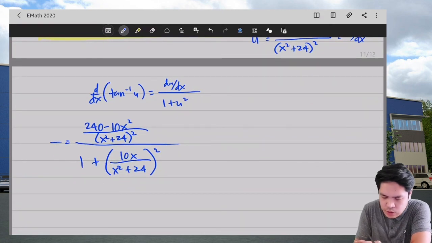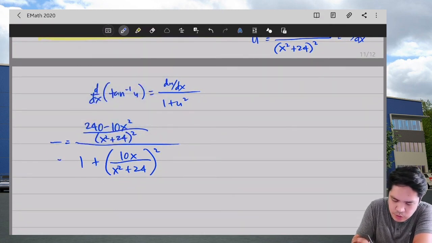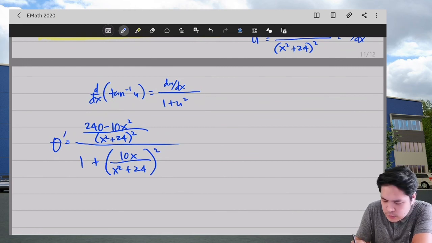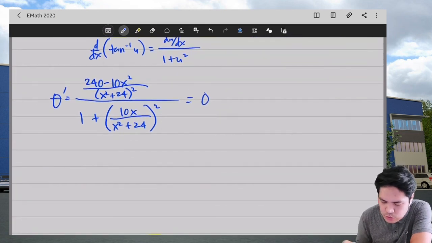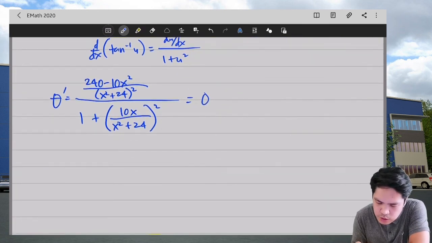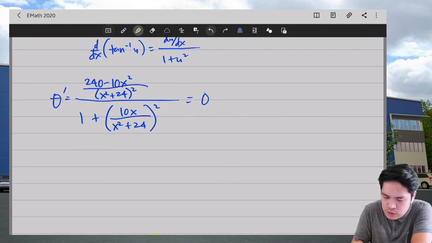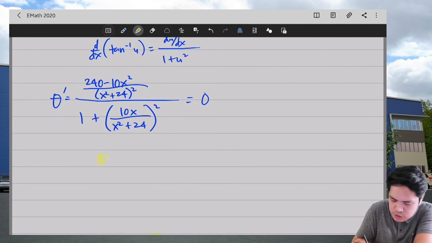This is now theta prime. So since we are maximizing, we equate that to 0. It's easy because this cancels out, then this becomes the new denominator, then that will also cancel out. So what will remain is just 240 minus 10x squared equal to 0.